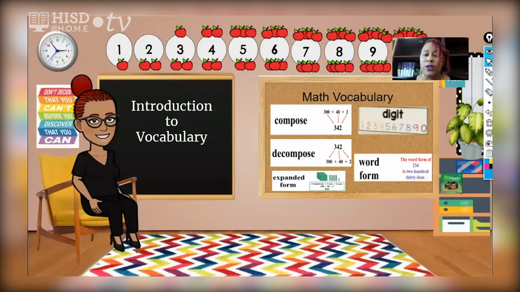Expanded form means we're taking the number, decomposing it, or taking it apart, and then adding the value of each digit so that we can compose the number. And the last vocabulary term you might hear is word form. Word form means to represent a number using words.